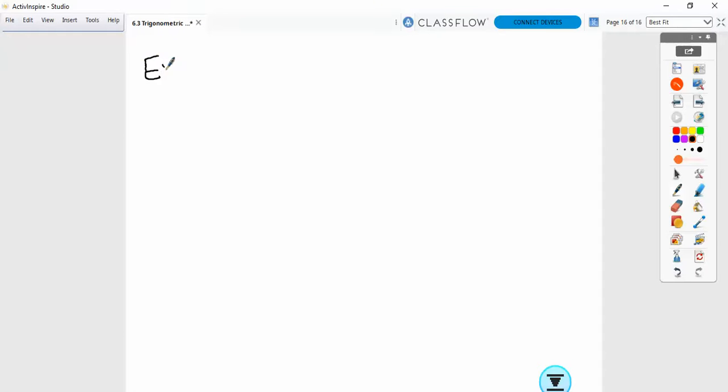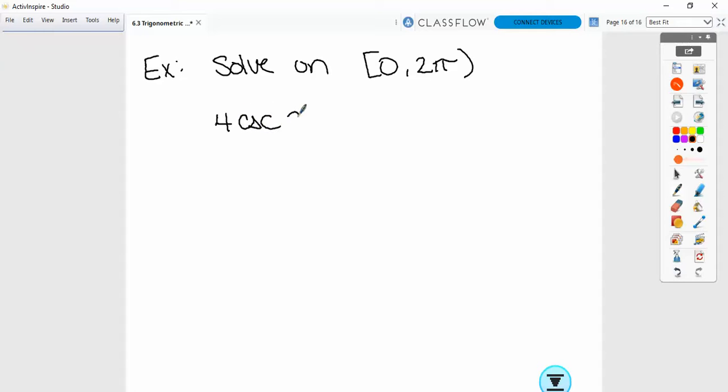So, for example, if I told you to solve this on the interval 0 to 2 pi, let's do cosecant of 3x minus 1 equals 7.